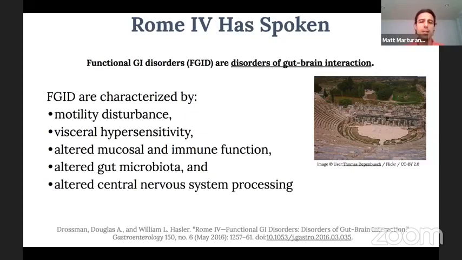I wanted to start with a little bit of a definition of what we call functional GI disorders. The Rome 4 criteria was published now almost 5 years ago. The researchers have concluded that functional GI disorders, things like dyspepsia, irritable bowel, acid reflux, or alternating diarrhea and constipation, are disorders where a patient has gone to the gastroenterologist, perhaps they've gotten a workup done, maybe some scopes or additional testing, and we don't see anything amiss, at least nothing traditionally that we would consider amiss.